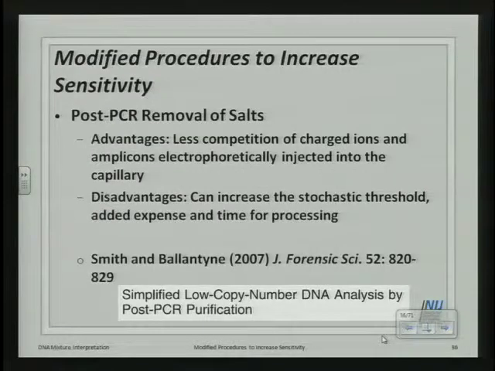So these charged ions will compete with DNA to get into the capillary. And so one way that you can overcome this is to use a filtration column that will remove a lot of the ions, and therefore you have less competition between the PCR amplicons and the ions.